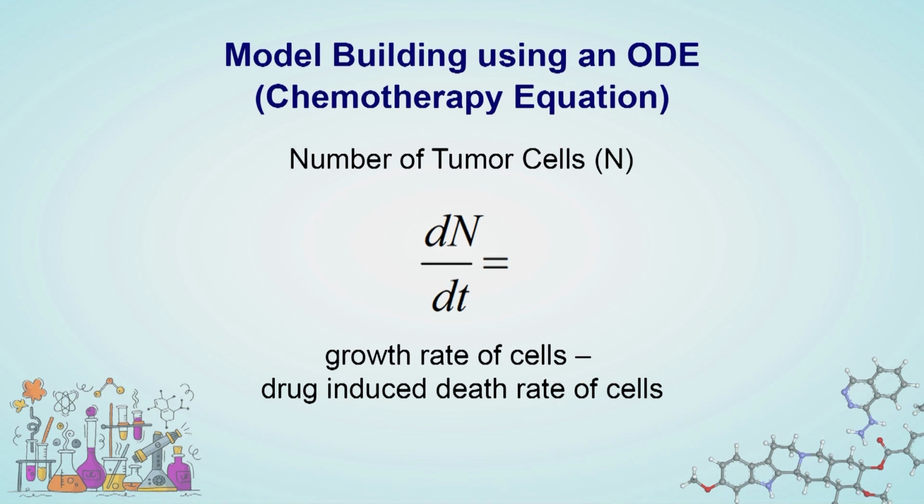This is just a derivative, dN by dt, as dx by dt is velocity, d2x by dt square is acceleration, or dI by dt which we have already understood. Here dN by dt is just measuring the rate of change of N, the number of tumor cells, with respect to time t.